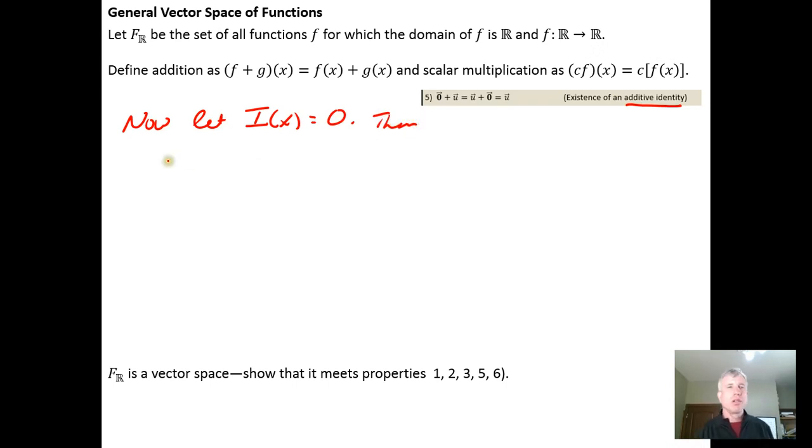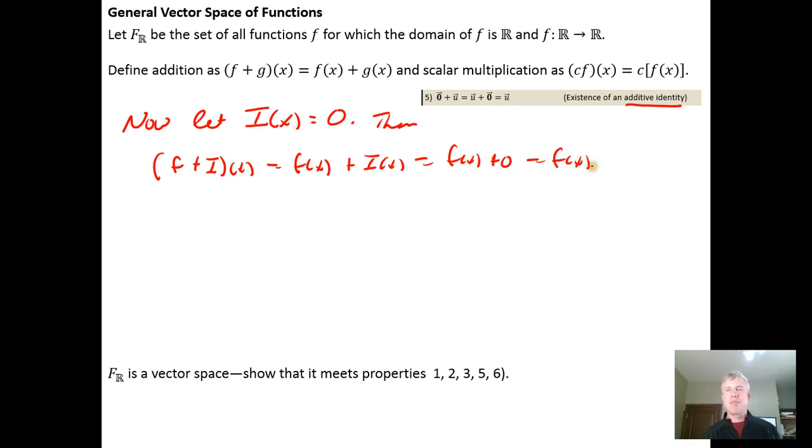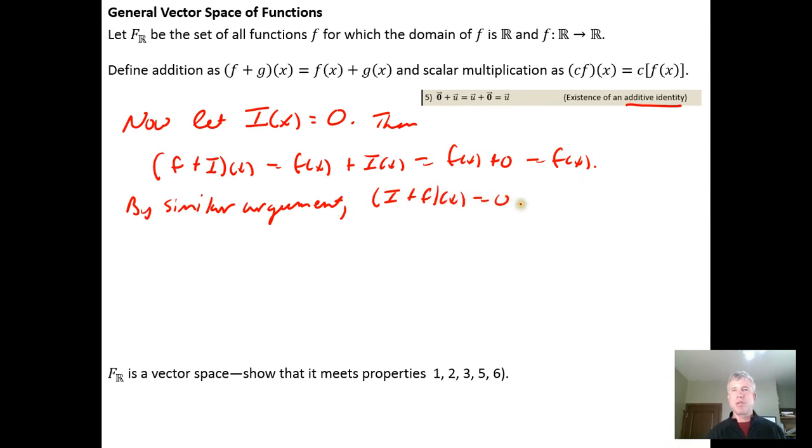Then what happens if you take f plus I of x? We know that this is, by the definition of addition, just f of x plus I of x. But I of x is 0 for all inputs, so f of x plus 0 is just f of x. And by a similar argument, we know that I plus f of x is also going to equal f of x.